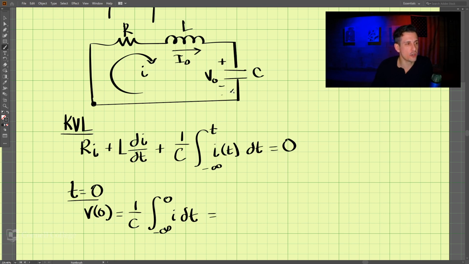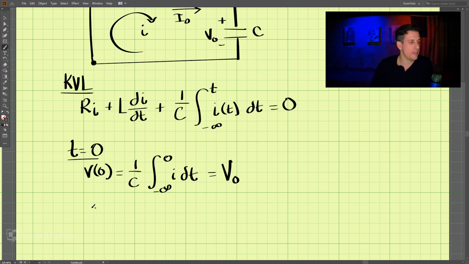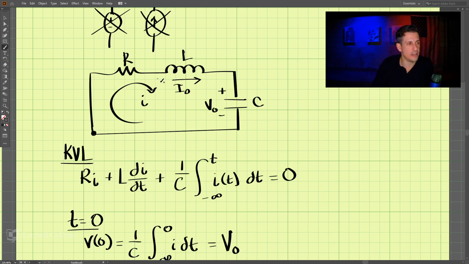And we know initially it has a charge, which is V naught. And then also we know that the current at time 0 is equal to the initial current across the inductor, I0.